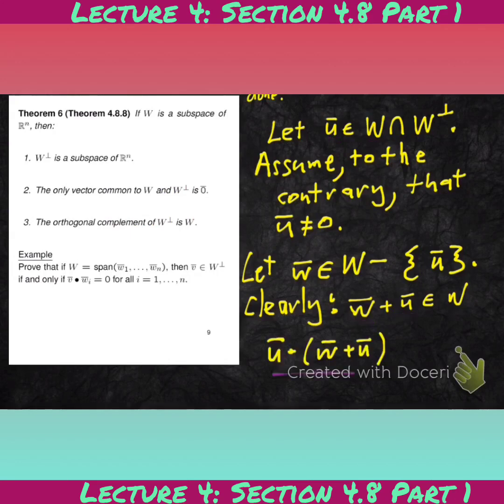Now let us consider the dot product between those two vectors there. Where is u? u is in both W and W's orthogonal complement.